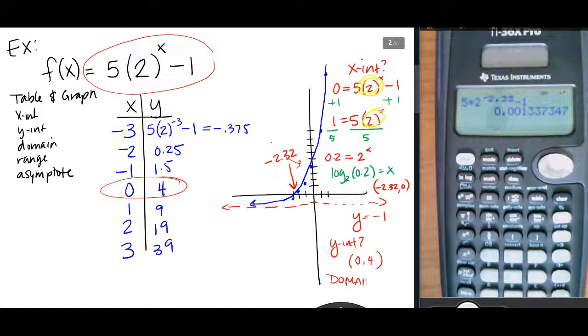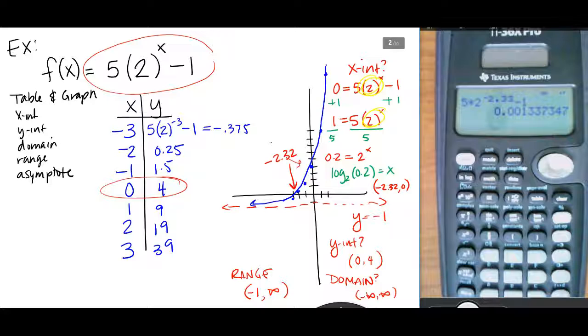Domain, this is just like when we dealt with our polynomials, our quadratics. There's nothing that we're going to get in trouble for plugging in here. But our range will have some issues. Since our asymptote moved down to negative 1, our range is going to start at negative 1 and go up to infinity. But again, we can never truly reach negative 1. So like I said, this was a very tough question. I'm going to give you guys one more to try as an example that'll be more similar to what you'd see on a test.